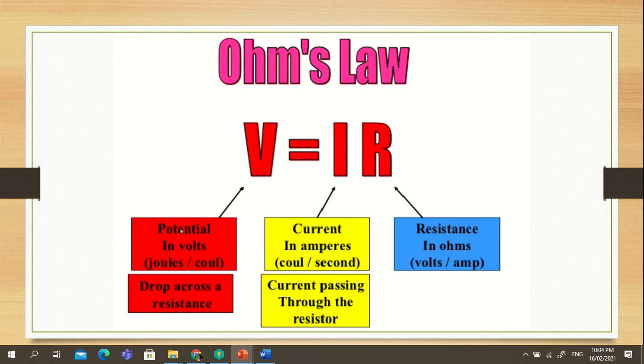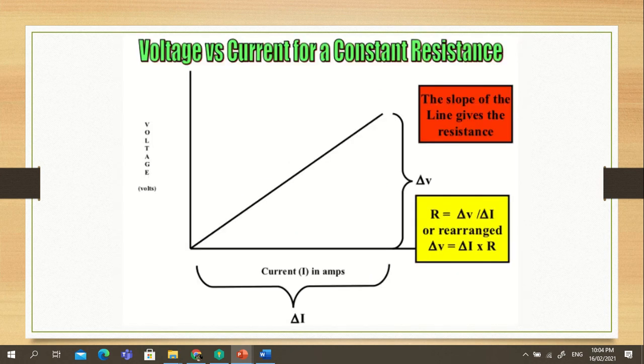The V here is the potential in volts, or joules per coulomb, or it can be the drop across the resistance. I here is the current in amperes, or coulomb per second, the current passing through a resistor. And R here is resistance in ohms, which is equivalent to volts per ampere. Volts per ampere, so that is resistance.